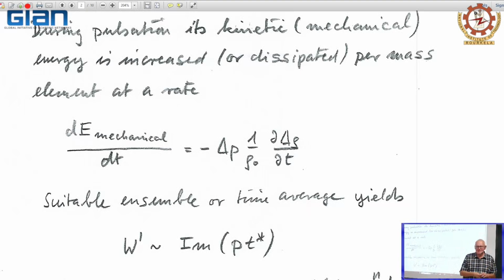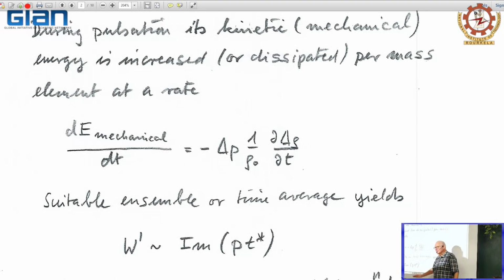Okay, that's consistent with our approach, because if it's an adiabatic pulsation, then we cannot transfer. Adiabatic means there is no heat transfer between the element and its surroundings. So this means we need non-adiabatic changes of state to get a heat transfer from the internal heat of the star to mechanical energy.